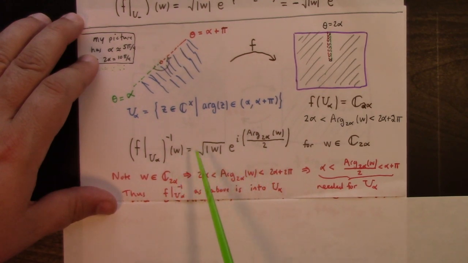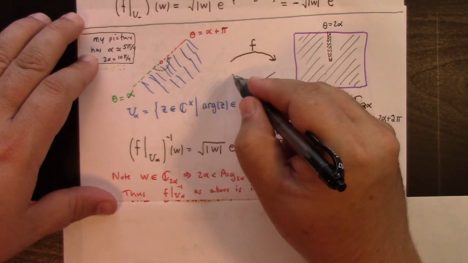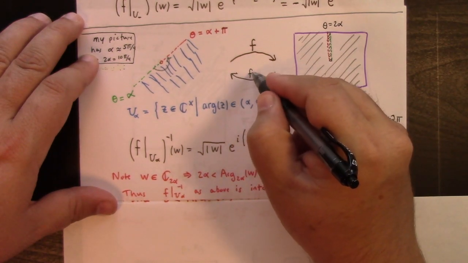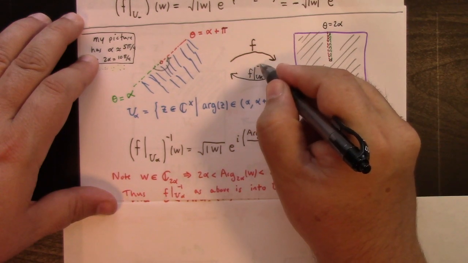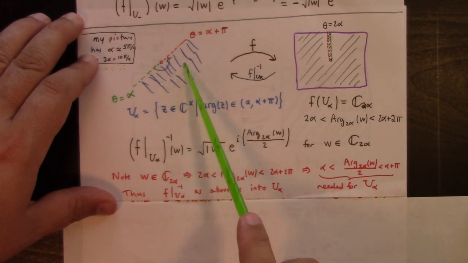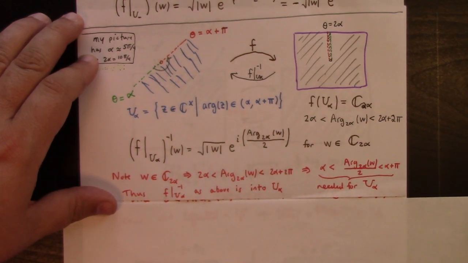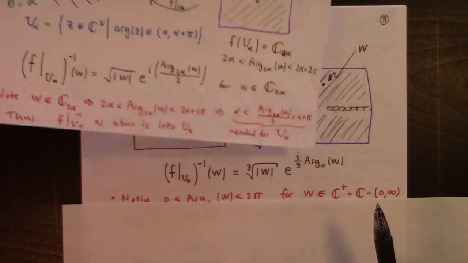What we want is that the inverse function had better end up landing in the u alpha set, and that's exactly what it does, because the angle ranges between alpha and alpha plus pi, which is what we find in the desired restricted domain. So that's the square function.